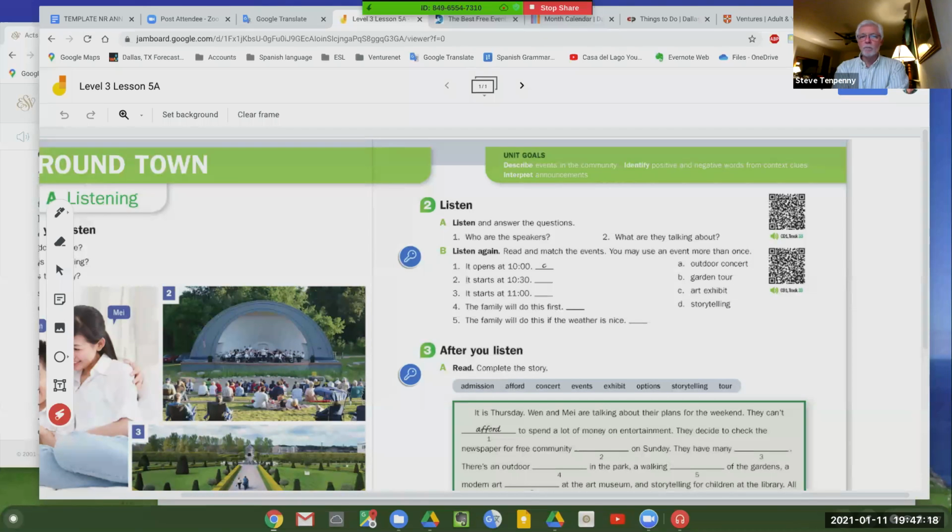So the questions now. Number one has, what was the thing that opens at 10 o'clock? Okay, they talked about the art exhibit, and that's actually in the museum. Okay, so they mentioned the art exhibit. Did you hear what is starting, number two, at 10:30?